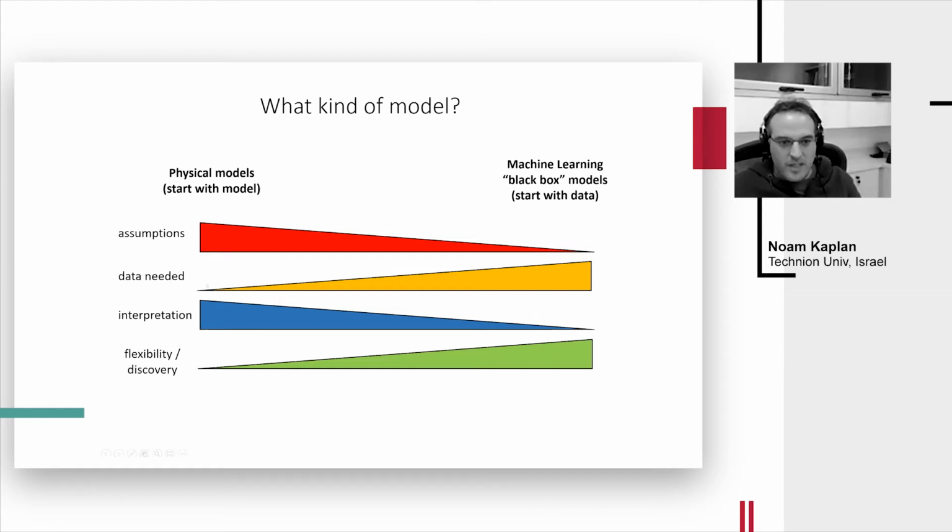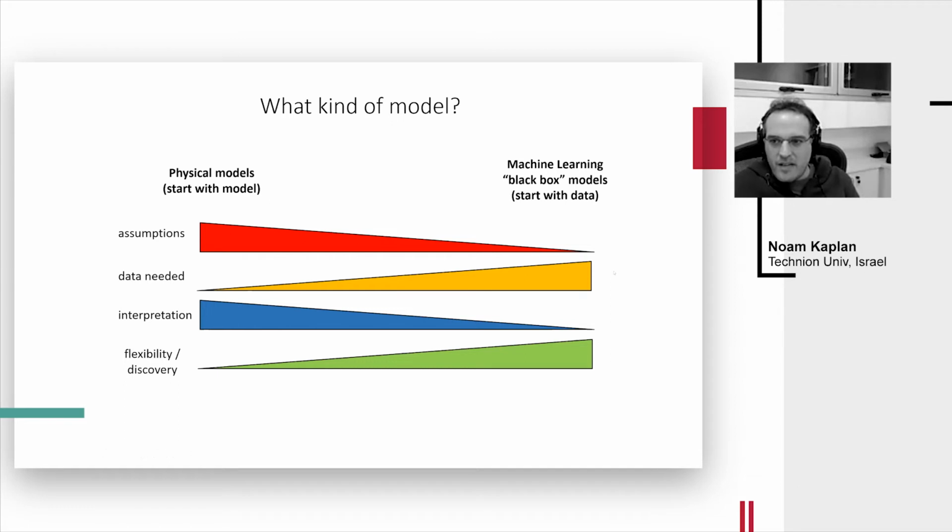You sometimes don't need data at all for this, or only a little bit. There are usually a few parameters, and it's easy to interpret. In terms of discovery, you can of course discover interesting things, as we just saw, but it's limited by essentially what you put in.